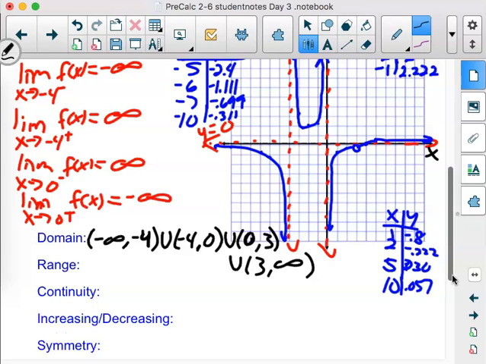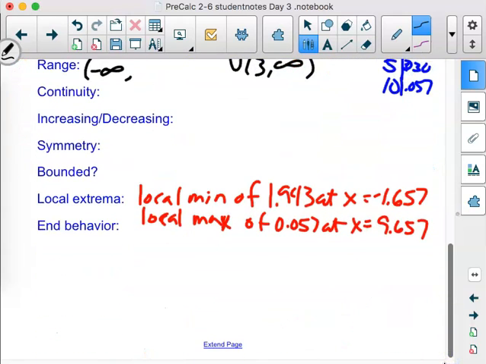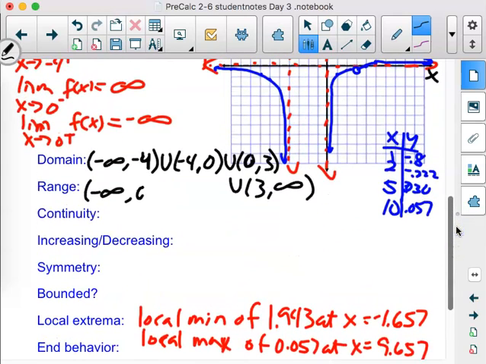So does our range, because we have a gap. There's a gap here that has to be explained. So our range goes down forever, but it comes up and there's this highest spot right over here for the y's, and that was our local max y value. So our y value for our local max was 0.057. Now, we have to tell people, even though we rounded to get that 0.057, that that was an actual y value on our graph.